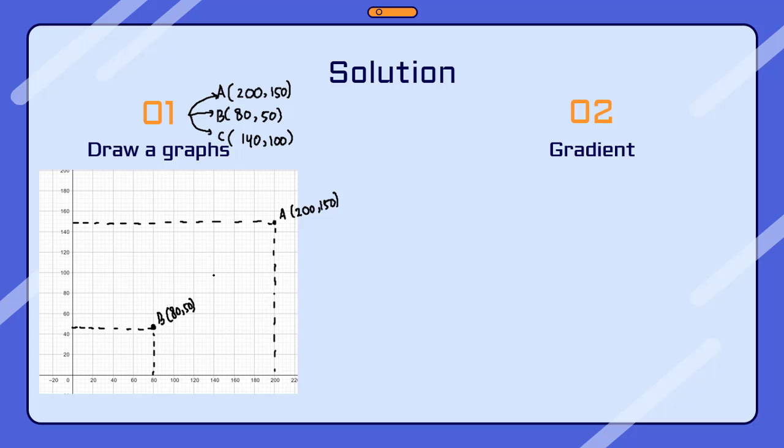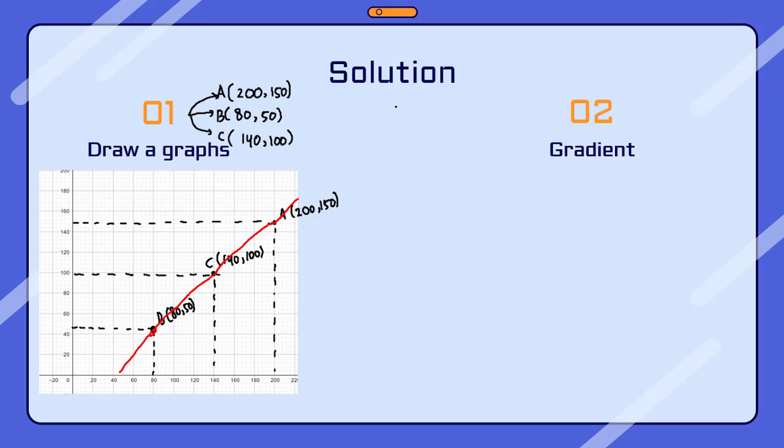And then for the last point, point C, with the coordinate (140, 100). And now we have to connect all the points to get a line. Remember, a line is unlimited. Let's remember the definition of a line. Then we got our linear graph like this, the red line. And this is the graph.